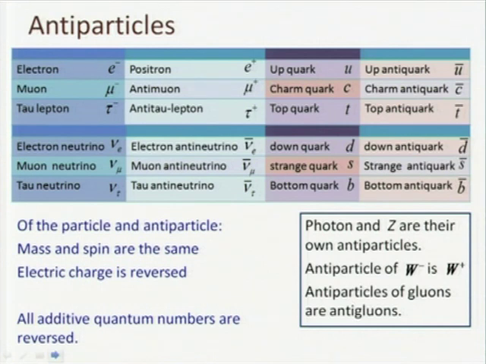As we mentioned, in the case of the positron and electron, the mass remains the same, the spin remains the same, and the electric charge is reversed. There are other quantum numbers, additive quantum numbers, which are also reversed. We will come a little later to why in beta decay an antineutrino is produced, not a neutrino.